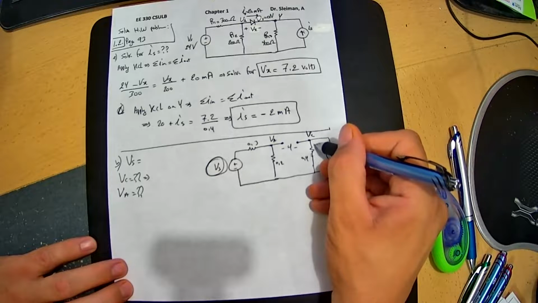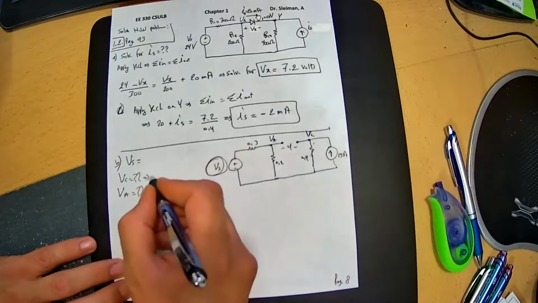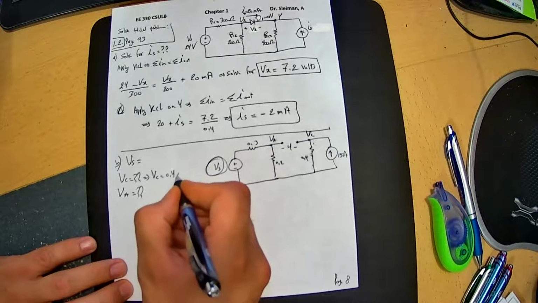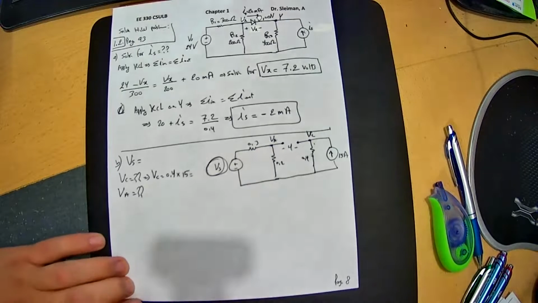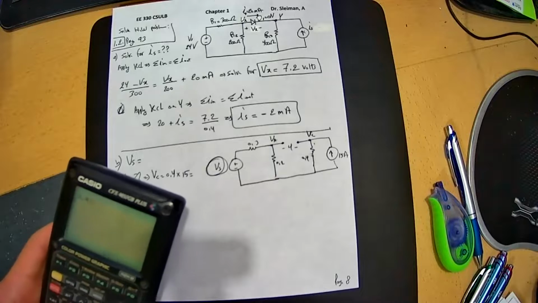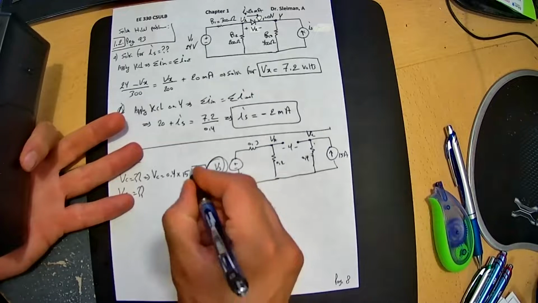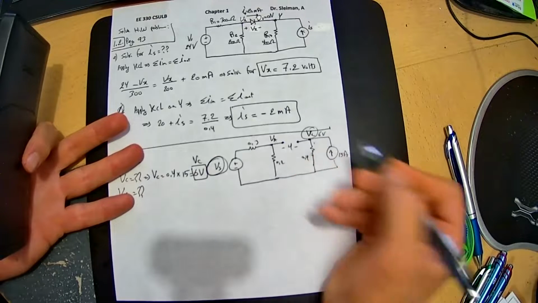We already know that the current going through here is 15 amp. So VC is equal to 0.4, which is the resistor, multiplied with 15. 0.4 times 15 is 6 volts. So we have VC 6 volts.